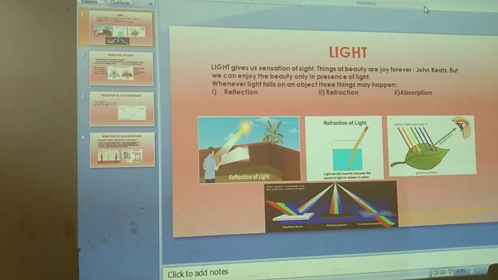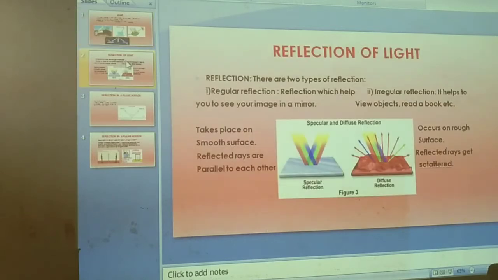So now in the next class we shall see what reflection of light is. Reflection of light is the bouncing back of light rays as they fall on a surface. There are two types of reflection. What are they? Regular reflection and irregular or diffuse reflection.